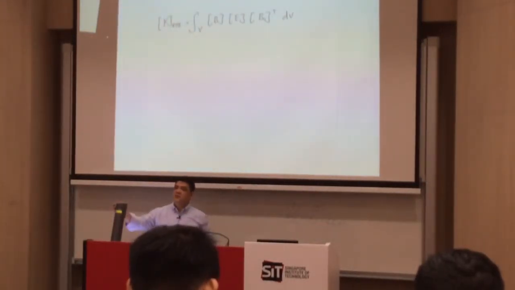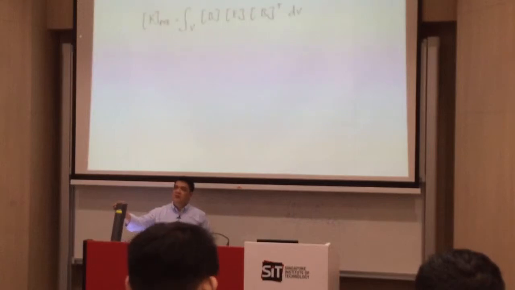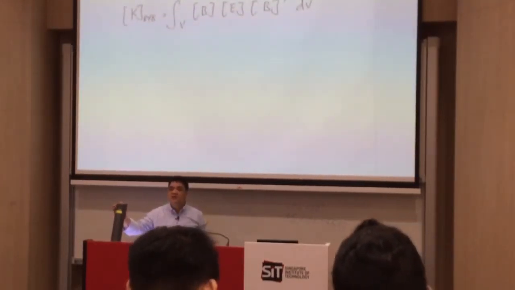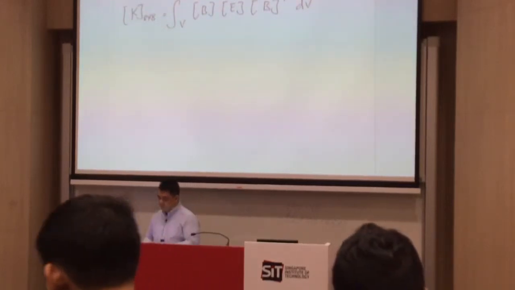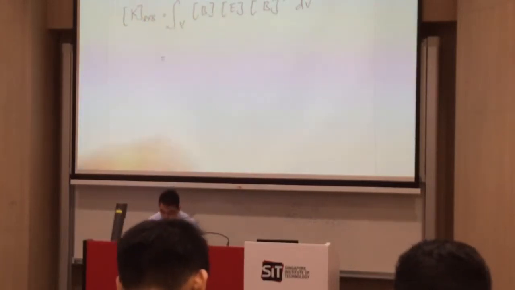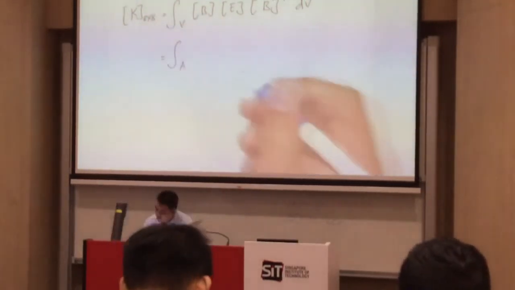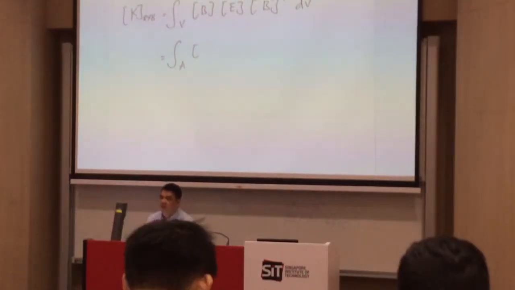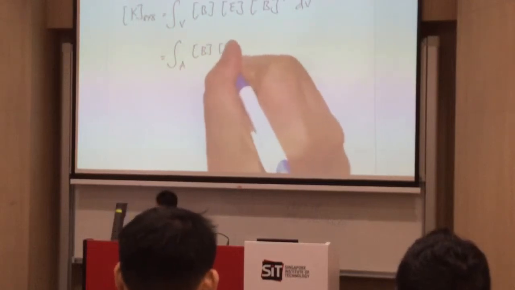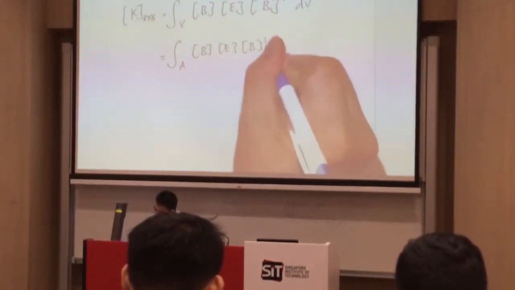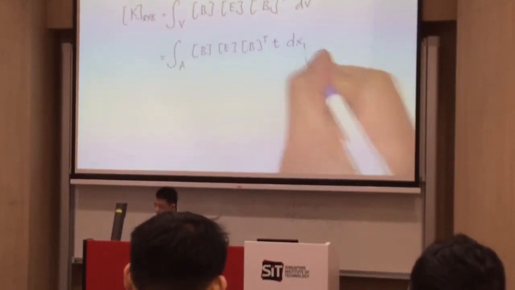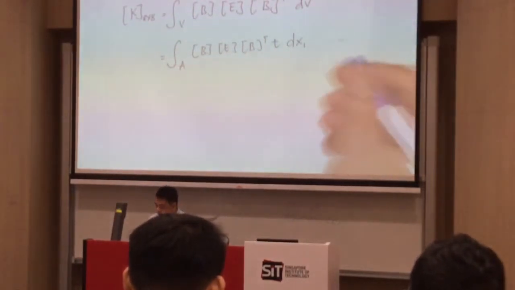Yes, so this is our expression. For a 2D element, we can have a unit thickness 1. We can just have T. So we can simplify this one. Instead of a volume integral, we can have an area integral, since we have a unit thickness and we're just looking at the plate. So this one is B, E, B transpose, thickness, dX1 dX2 or dA.